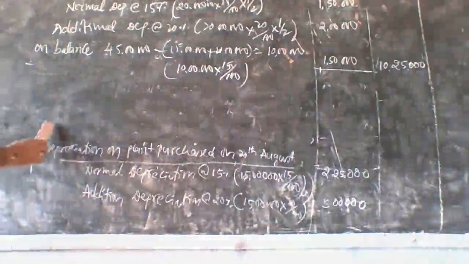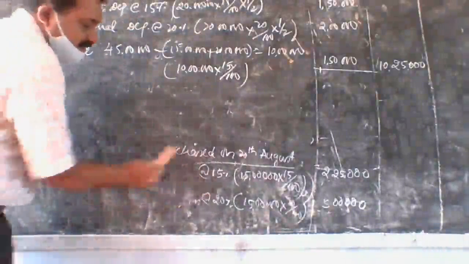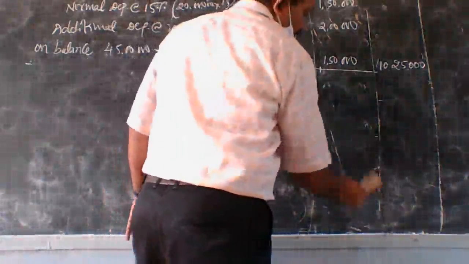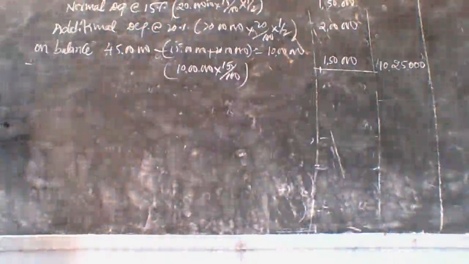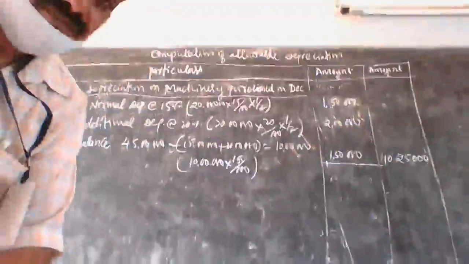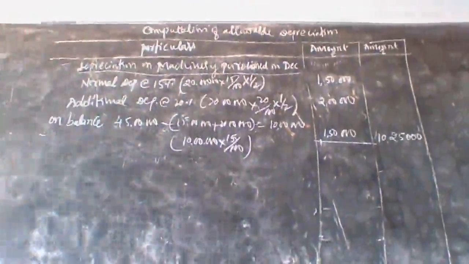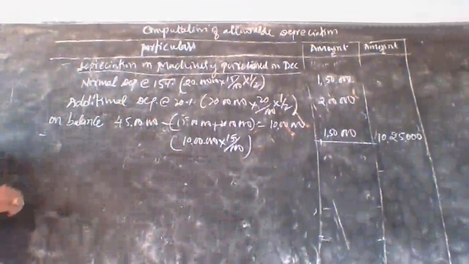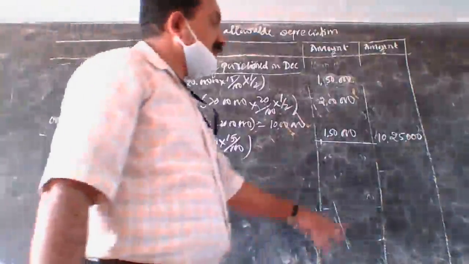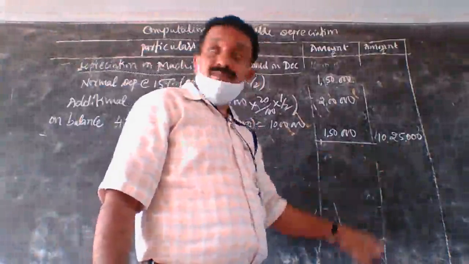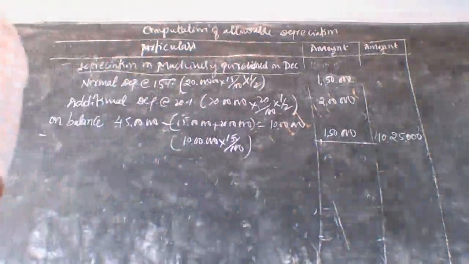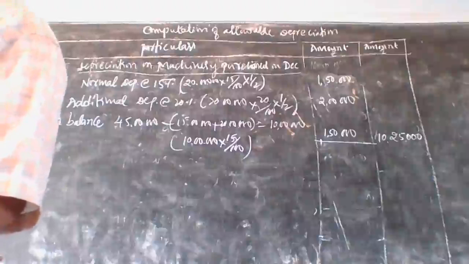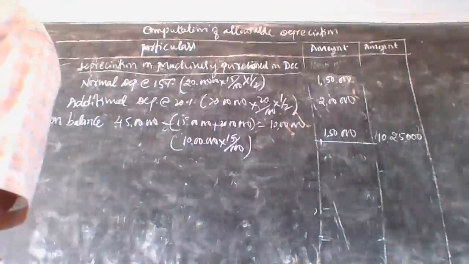Next block of asset. 2 lakh 25,000 and 3 lakh is 5 lakh 25,000.